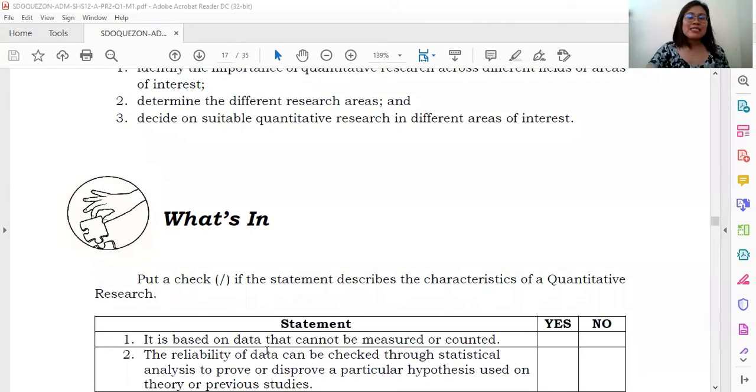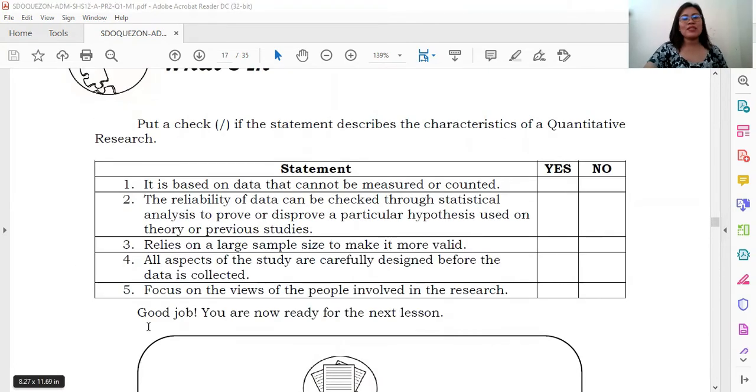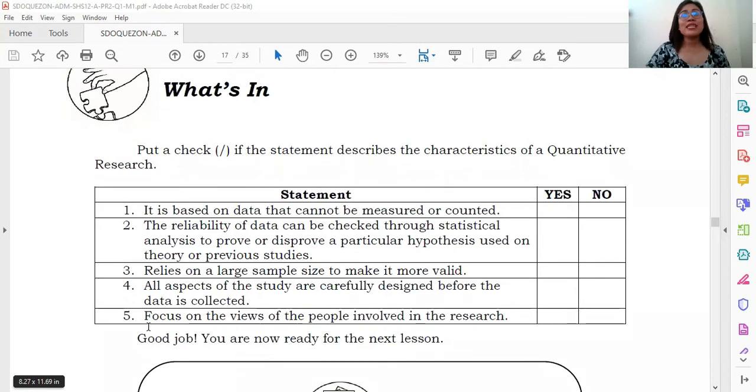If you are GAS, then you have a variety of choices for your topic. If you belong to the ABM group, of course, your topic should be aligned with your course, ABM. If you're HUMSS, then it should also be aligned to HUMSS topics, and TVL will have the same instruction.